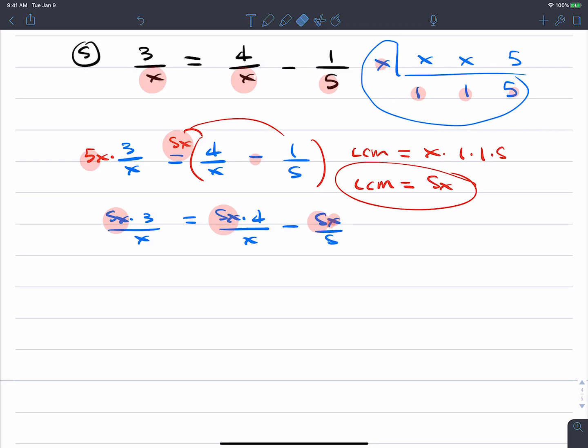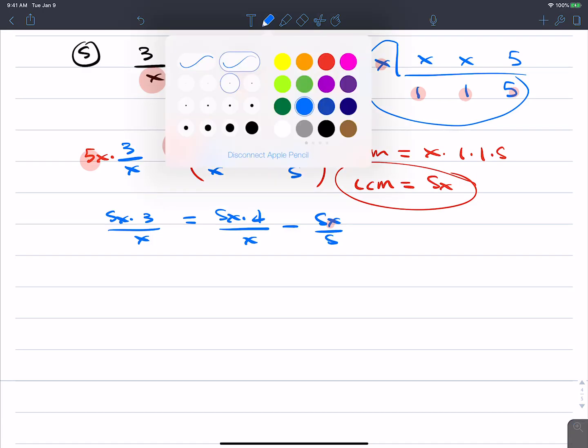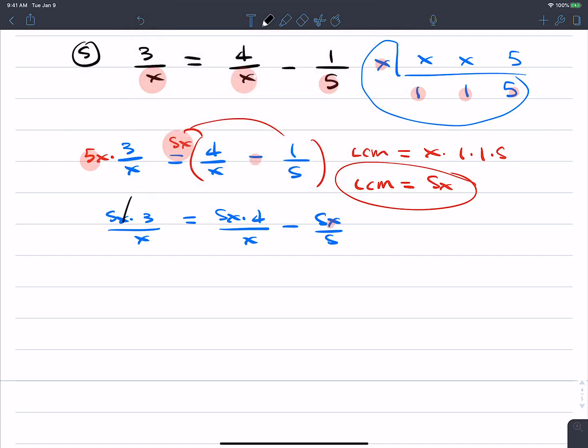So now, let's do our cancellation. X and x is gone, is that right? X and x is gone, and then 5 and 5 is gone. What do you have left? 15 equals 20 minus x.